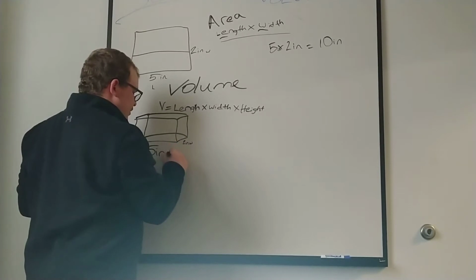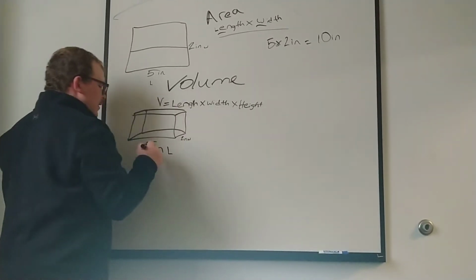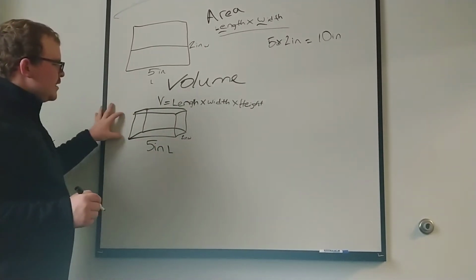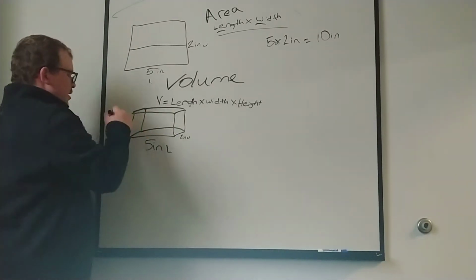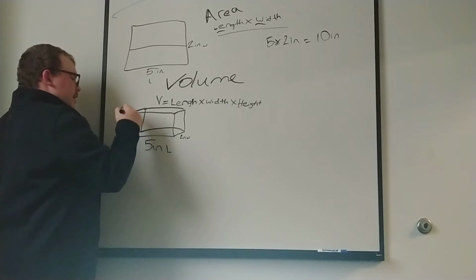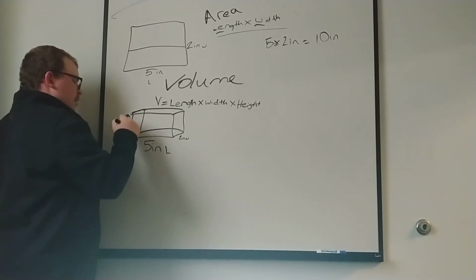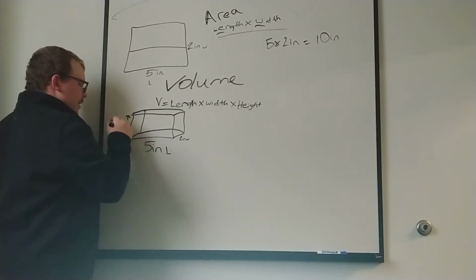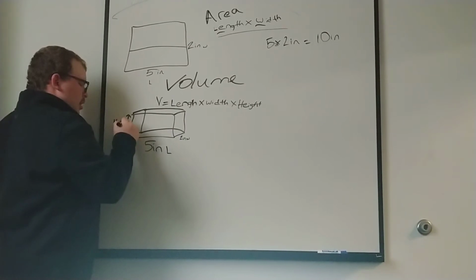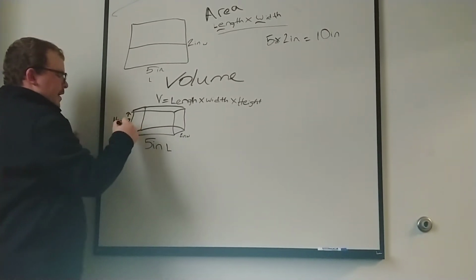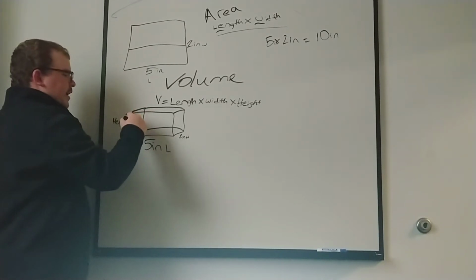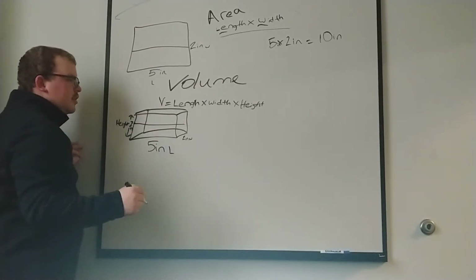Where's the height? Correct, it would be how tall something is. So our height is measured by how tall something is. So our height would be 2 inches. Let's say our block is 2 blocks tall, okay?